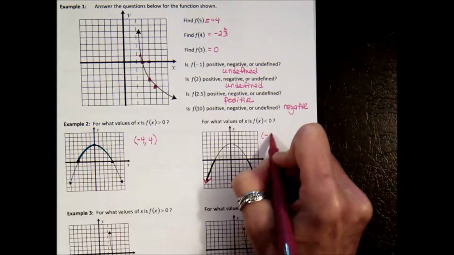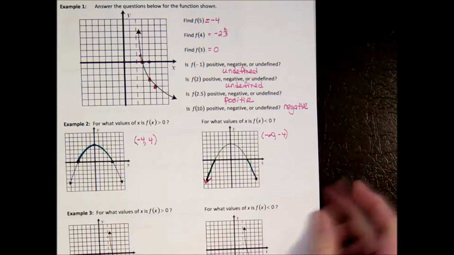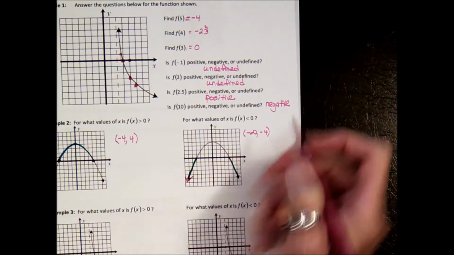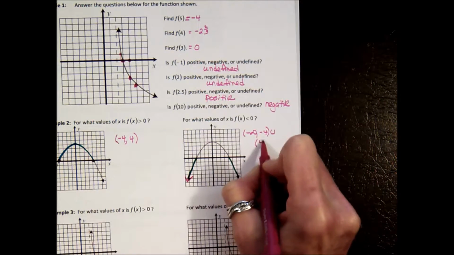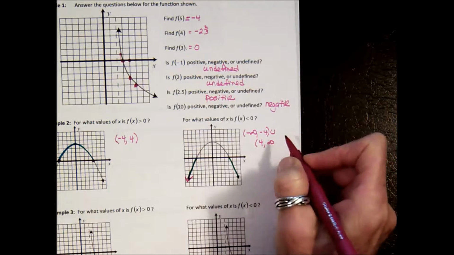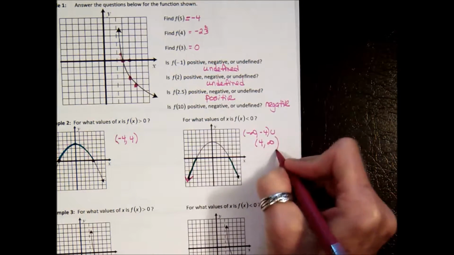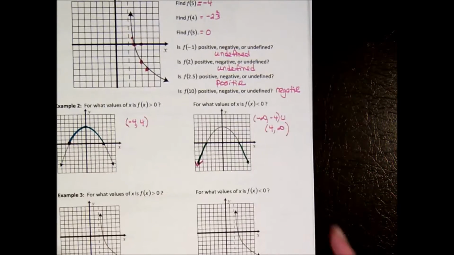So we would say -infinity to -4, not including -4, remember, because at -4, it's not negative, it's 0. In union with, it starts back being negative at 4, going to positive infinity in this direction, going right to, not down to. All right, let's look at the next one.